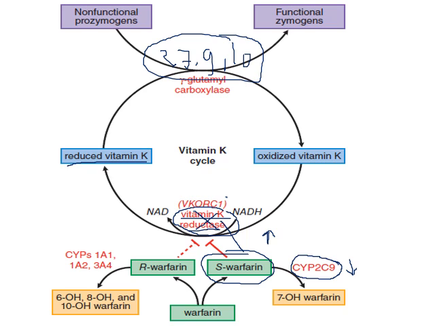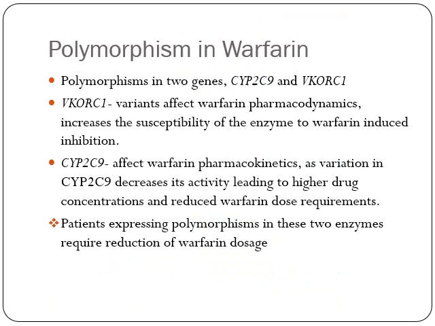Any polymorphism in either of these enzymes, CYP2C9 or vitamin K epoxide reductase, will lead to an increased anticoagulant effect of warfarin. So in both cases we have to reduce the dose of warfarin. This is important regarding mechanism of action.